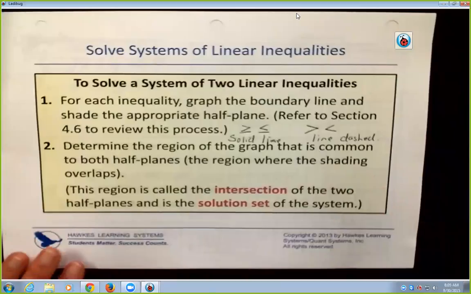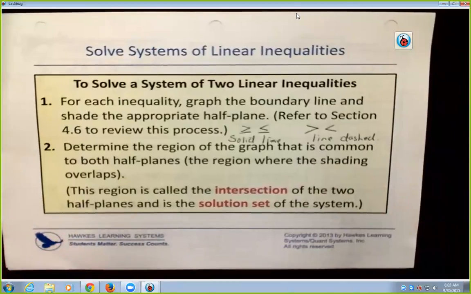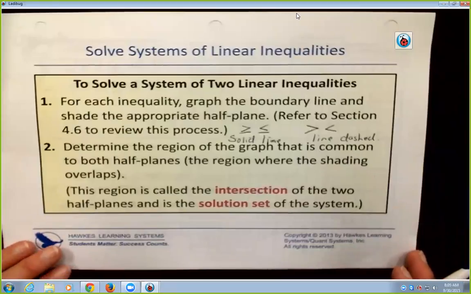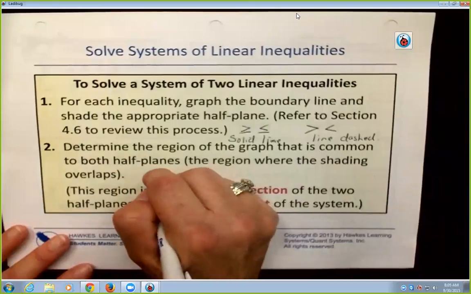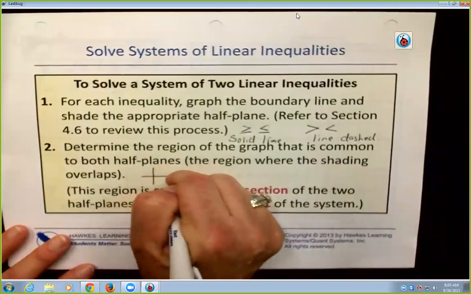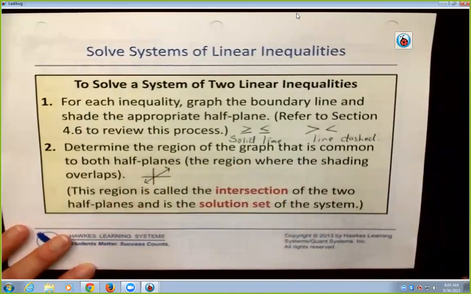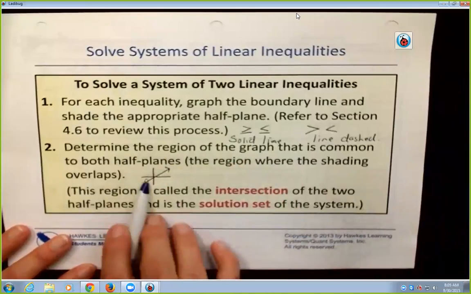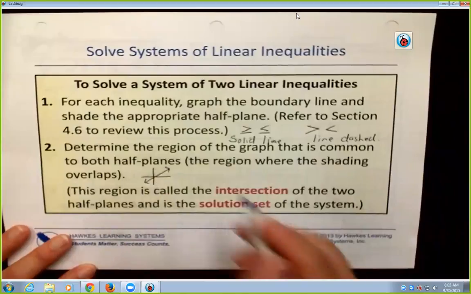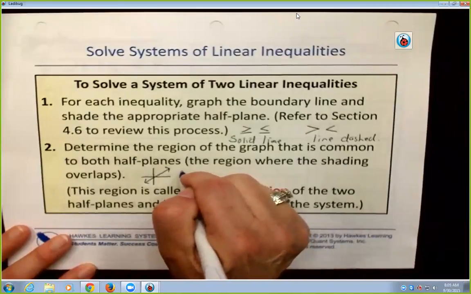So next, 2, determine the region of the graph that is common to both half planes, the region where the shading overlaps. So when we do shading, what that means is that if we have a graph and we have a line, and that line is coming through, this means that I've had an equals within my problem.